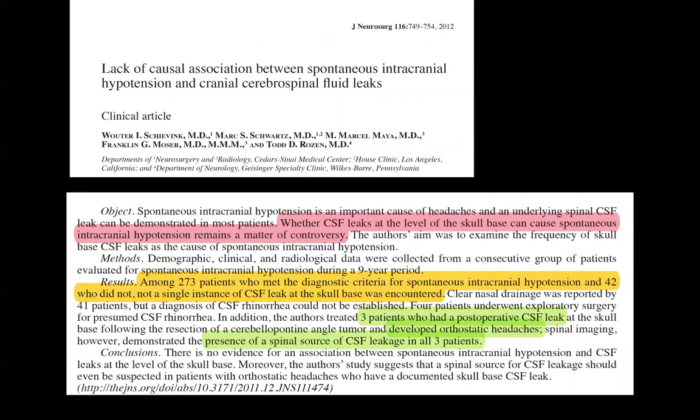So if you have intracranial hypotension in a child with a leak on the skull base, you need to look for something in the spine, because the skull base leak alone will not cause intracranial hypotension. So that's your pearl. Do remember that it's very, very important.